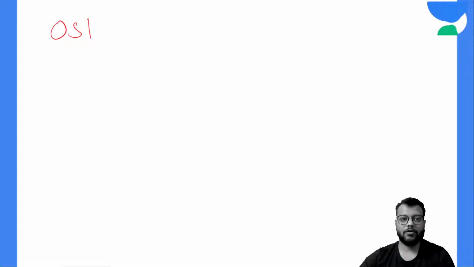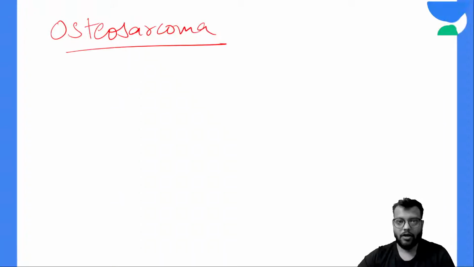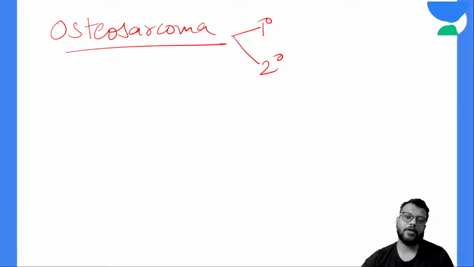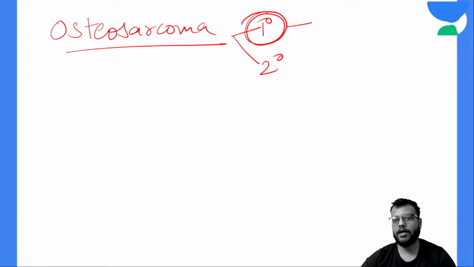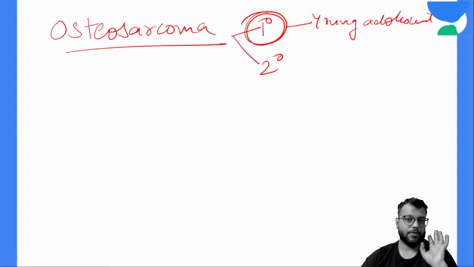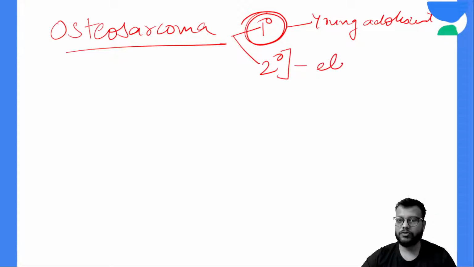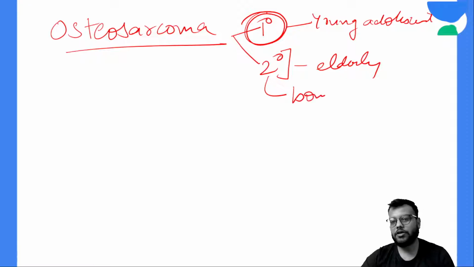Now, osteosarcoma is of two types. First is primary and secondary. If nothing is written anywhere, it is primary and the most common type. It is generally seen in the young adolescent age group and there is no previous or pre-malignant bony lesion present. In secondary, it is most commonly in the elderly population and there is a bony lesion already present in secondary osteosarcoma.